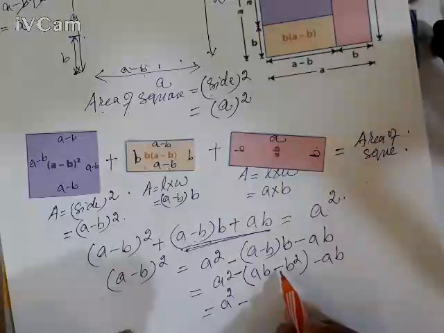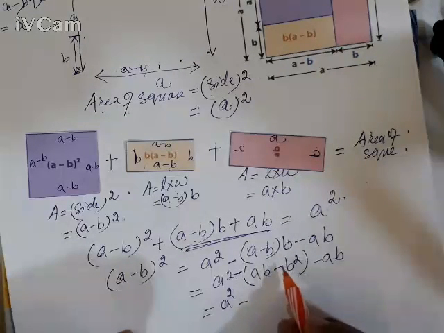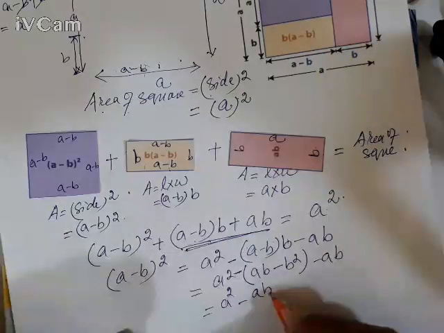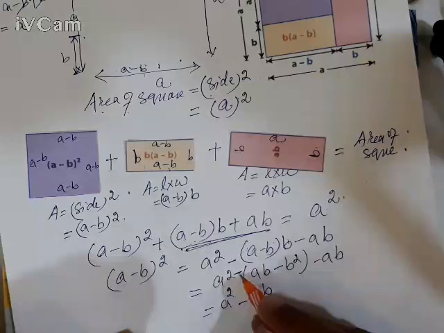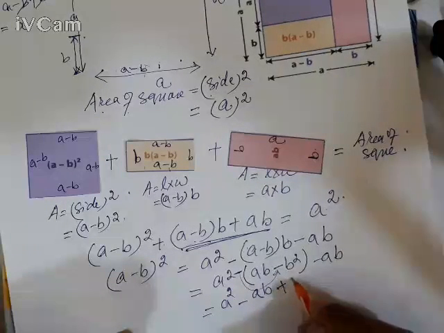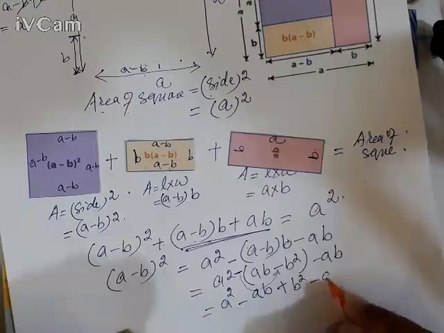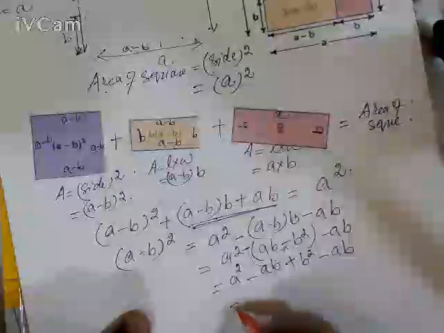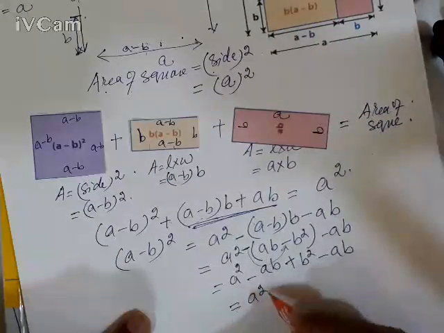If inside is a plus sign, it will be negative. If it is a negative sign, it will be plus. So it is ab. So this sign is multiplied with this negative sign, it will be plus b square minus ab, which is further equal to a square.